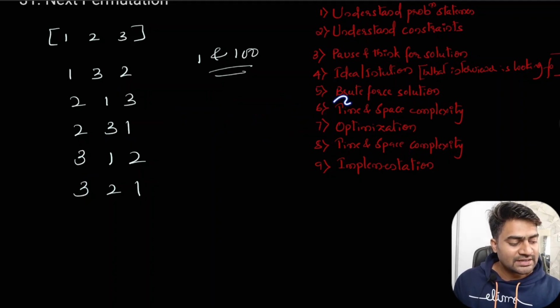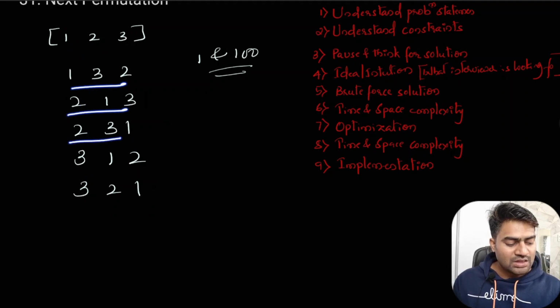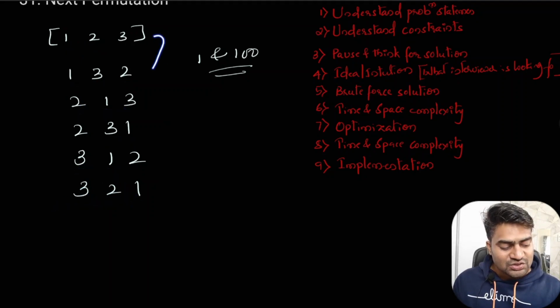But before that, let us try to understand the brute force solution for this problem. We already saw that if any array is given, we will try to find all the possible combinations. Then we will sort them in their lexicographical order.